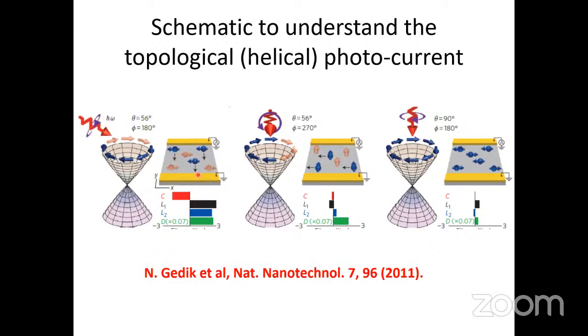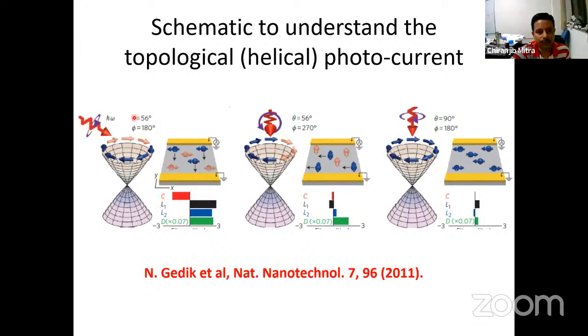Now, if I am selectively exciting, using the circular polarization, let's say these electrons, because the transfer of momenta for different circular polarization will be different, then these are the ones which remain, so you have an excess of these blue carriers and they will conduct in this direction.